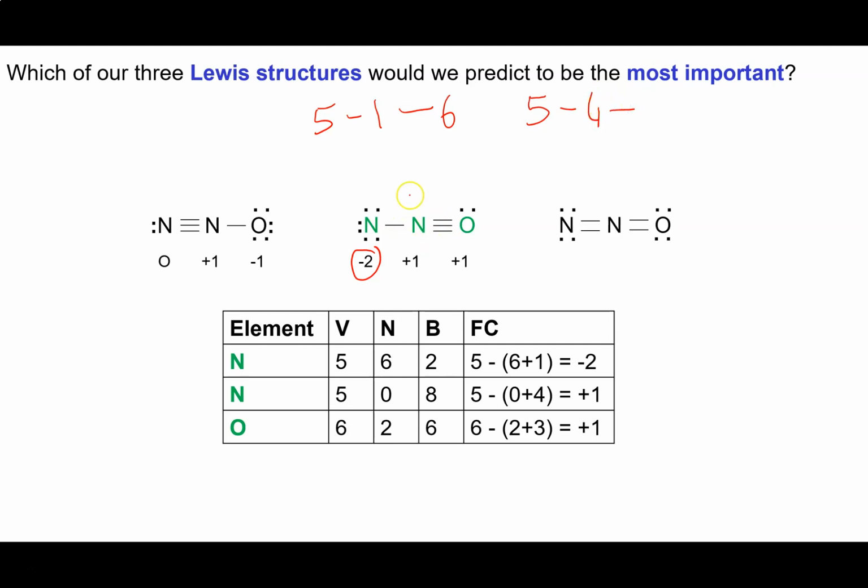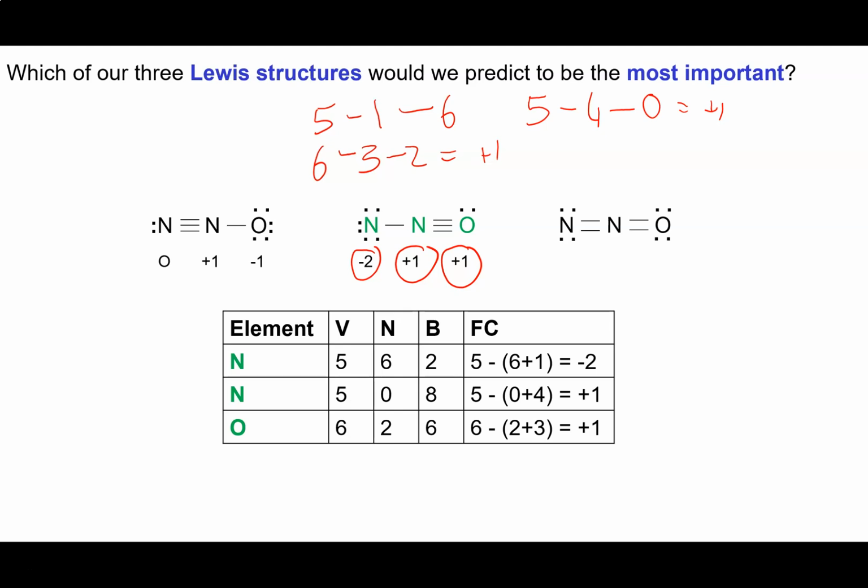And then there are no non-bonding electrons there, so 5 minus 4 gives me plus 1. And then finally the oxygen, so the valence electrons is just the group number minus the bonding electrons on 2, so that's 1, 2, 3. 3 bonds there, minus my non-bonding electrons, minus 1, 2. So 6 minus 3 minus 2 gives me plus 1. Okay, so we've got the second Lewis structure assigned with formal charges.